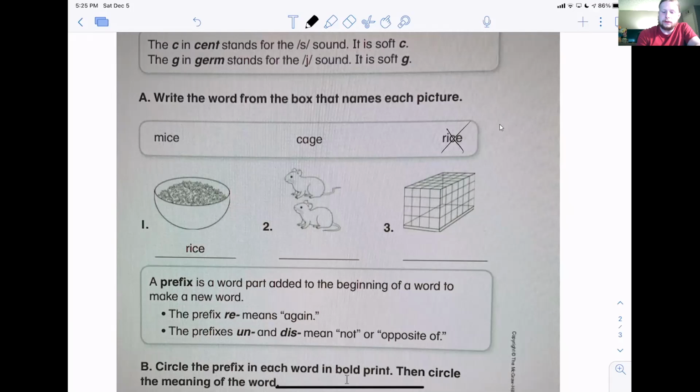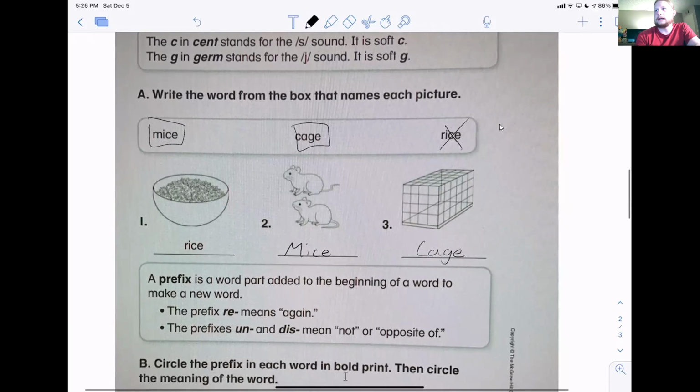For number 2, is it mice or cage? It'll be mice. M-I-C-E. And now, last but not least, we have cage. C-A-G-E. All right, and we're going to go into more detail about that in class as well. We'll have more practice with it.